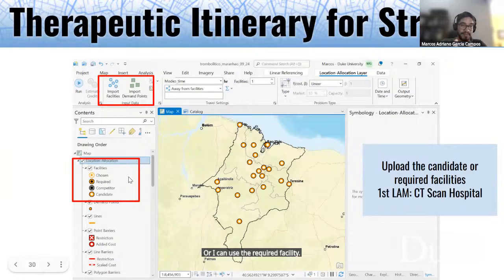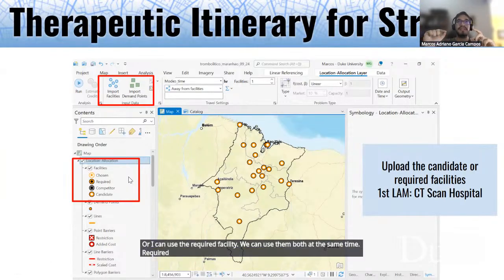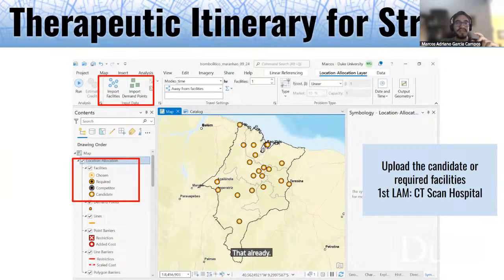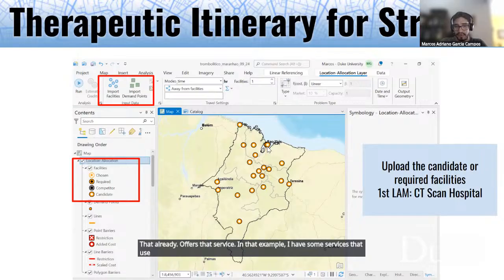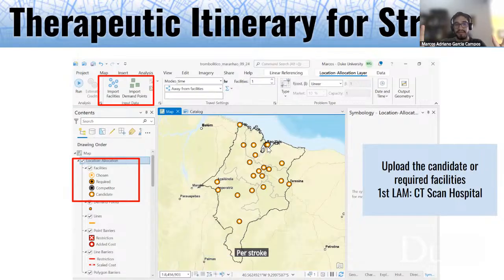We can use both at the same time. Required facilities represent the services that already offer the service. In this example, I already have some services that use thrombolytic treatment for stroke, but only in São Luís. But I have other kinds of services in Maranhão that could be candidates to receive that treatment.